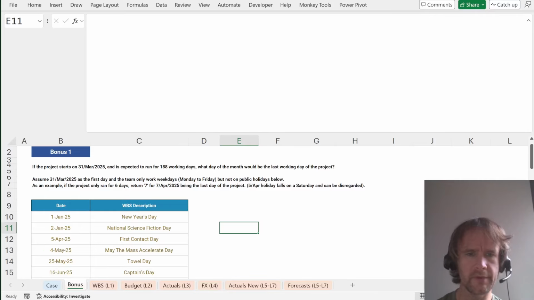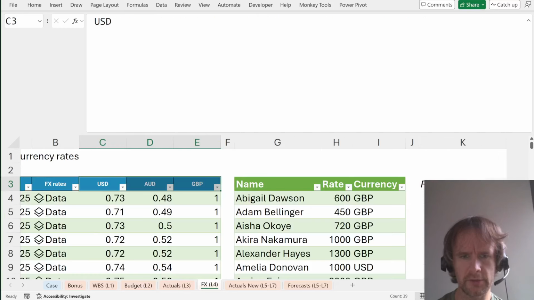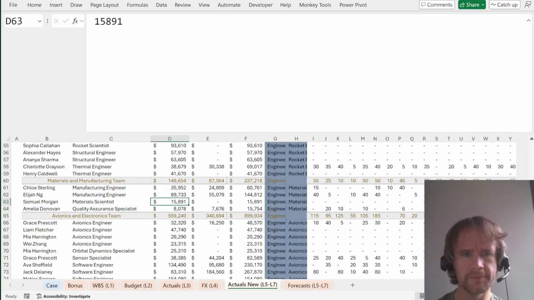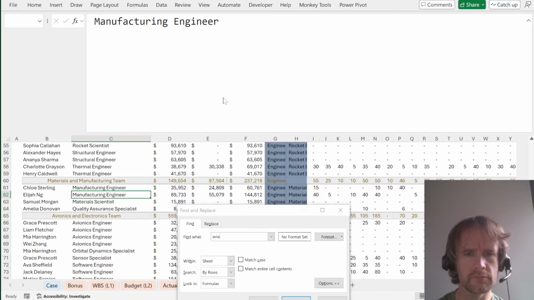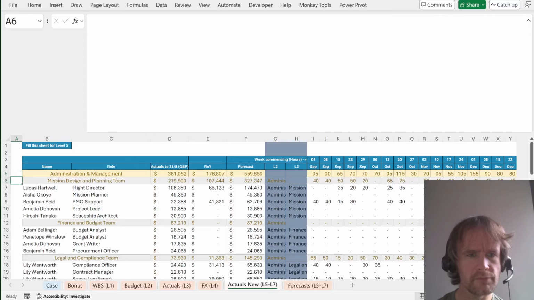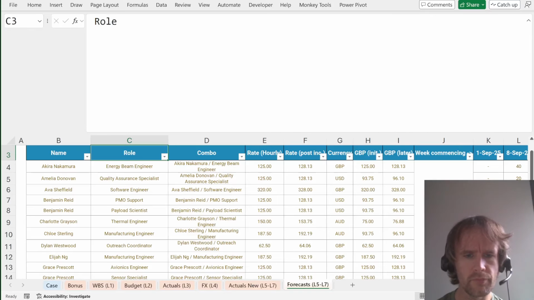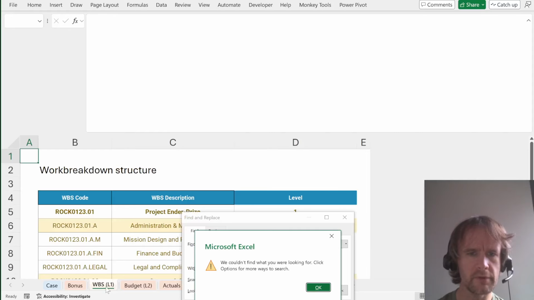All right. Bonus 2. What is the most hours forecasted for the avionics and electronics engineering team in a 4-week period on the forecast sheet? Avionics team is where? Okay, are we back to this thing?